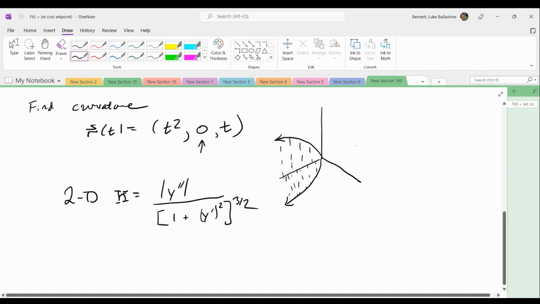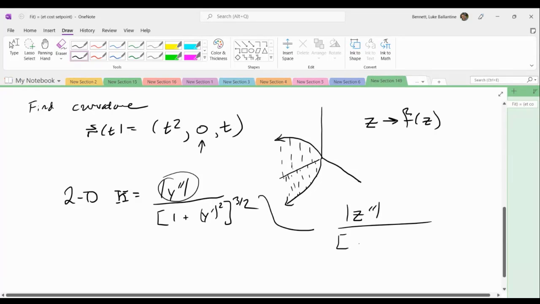So this is a function z equals f of z, where z is real. So this is like the y in the formula. So this is like the magnitude of z double prime over (1 plus z prime squared) to the 3/2.